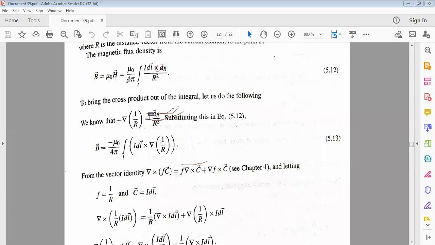So B equals minus mu naught by 4 pi integral of IDL cross del of 1 by r, substituted here.